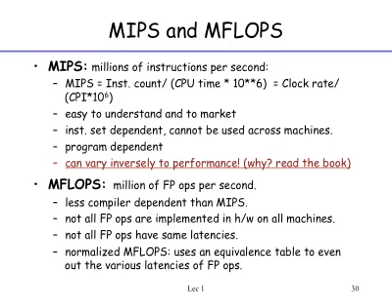Not all floating point operations are implemented in hardware on all machines. Not all floating point operations have the same latencies. So there are still some issues with just using floating point operations per second to compare different processors with different architectures, with different instruction sets.